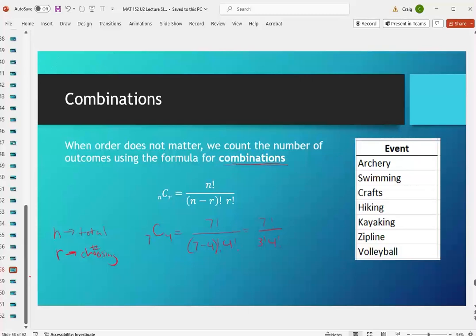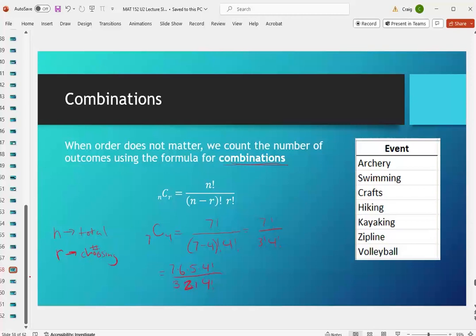To solve this, we're just going to go 7 times 6 times 5. And we're going to stop at the highest one in the denominator, which is 4 factorial. We're going to leave that 4 factorial in the denominator alone, because that's where we stopped. We know those two will divide out. And then 3 times 2 times 1.